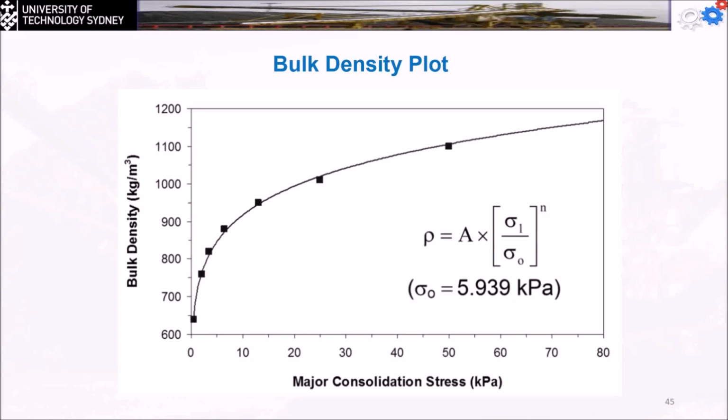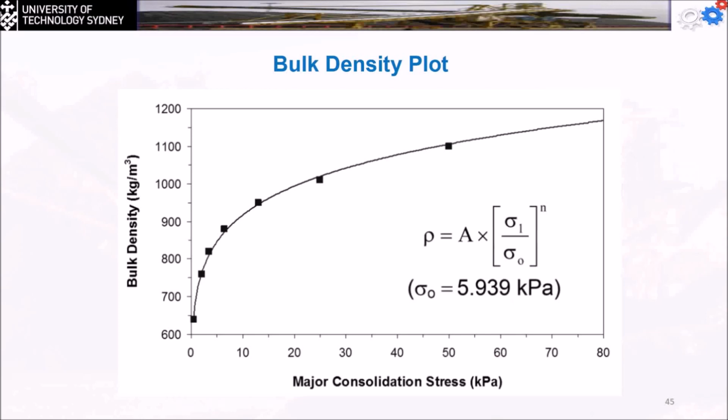Okay, knowing what the actual stress was, the initial was 5.939 kilopascal. Then you can know what will be the actual density, the bulk density, of the material you're doing the measurements for. I will send you some data today, and this will be a good practice for you.